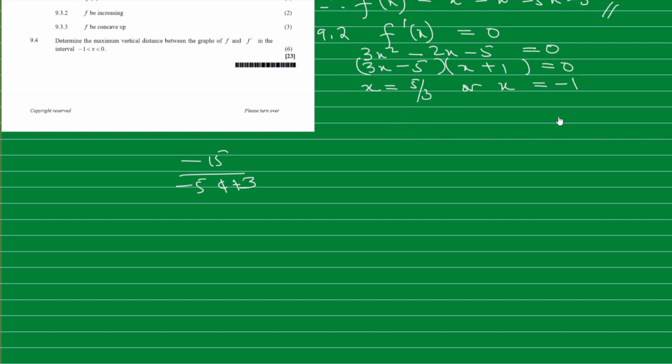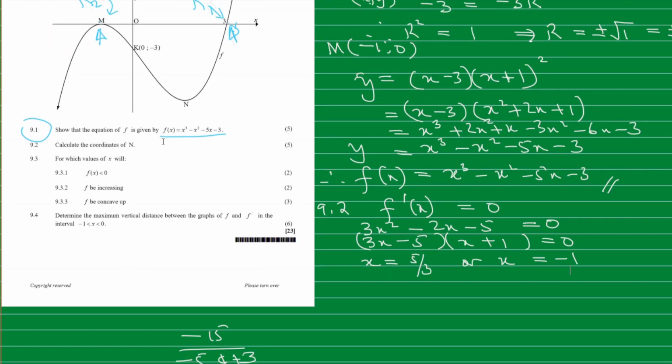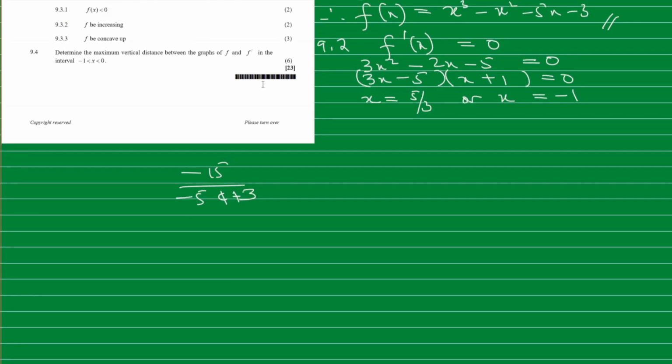Now we know that the other x value is the m value that we got earlier, which means the x coordinate for n is 5 over 3. But here they want the coordinates of n, so we need to find the corresponding y value. We have to substitute the x value into the original equation.